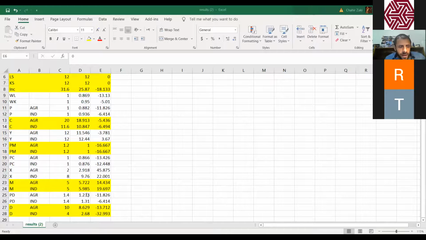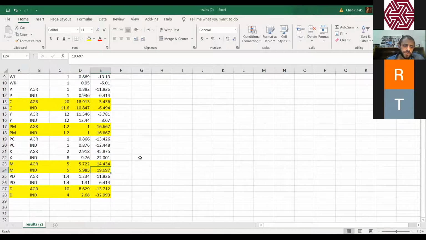Let's look here at the behavior of imports. Which imports increase more, of those industrial ones or agricultural ones? Industrial. Industrial ones increase by 19.6%. Okay.